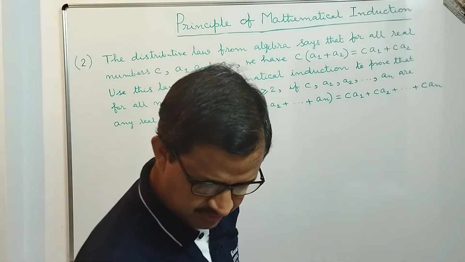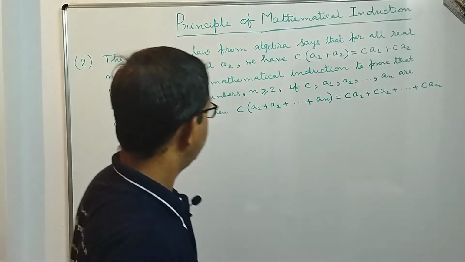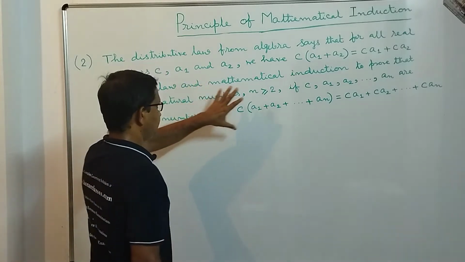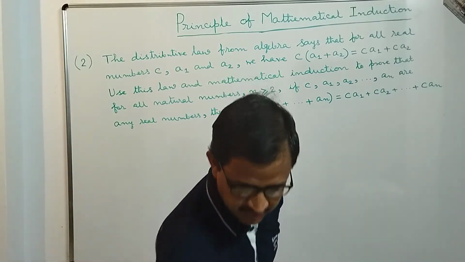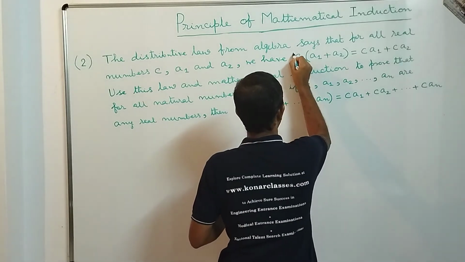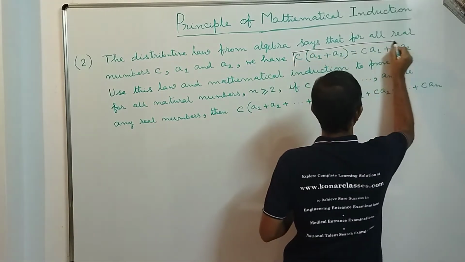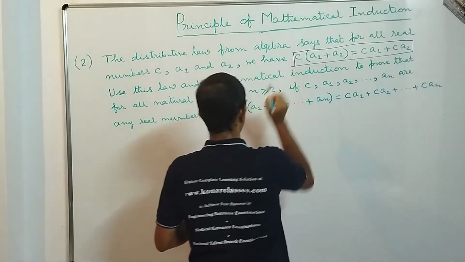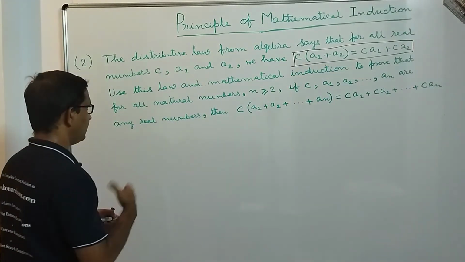That we all know from the distributive law, right? Now we can use this law, that c into (a1 plus a2) is equal to ca1 plus ca2. That is a law we are supposed to use in our solution.